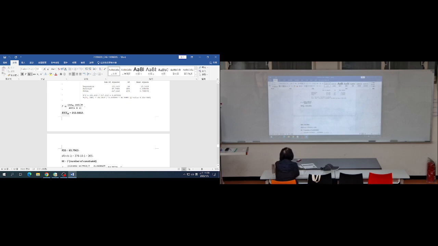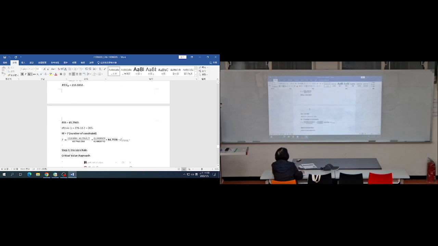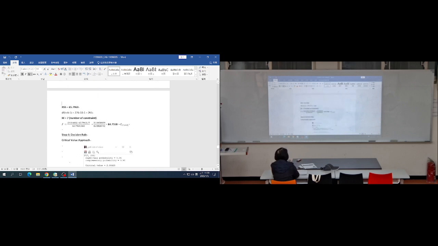Okay, explain this one. The residual sum of squares of the constraint equation minus the basic equation divided by m, divided by the residual sum of squares divided by n minus k minus 1, n being the total number of observations and k the independent variables, and they will get it like this: 84.7775 by 8.